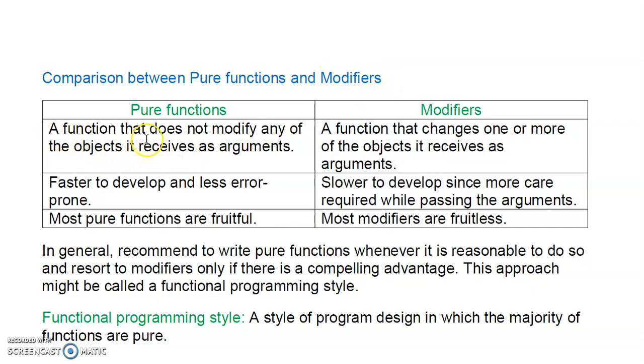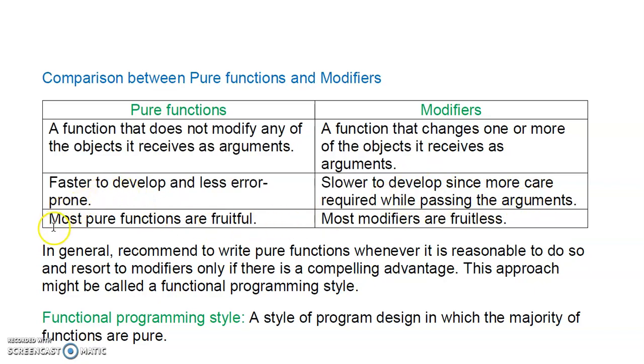Pure function: a function that does not modify any of the objects it receives as an argument. Modifiers: a function that changes one or more of the objects it receives as arguments. Pure functions are faster to develop and less error prone. Modifiers are slower to develop since more care is required while passing the arguments.